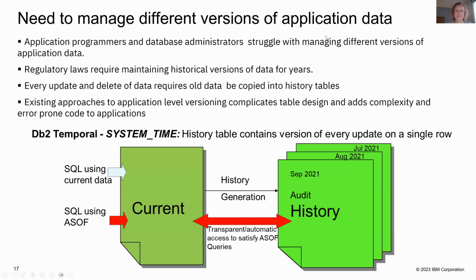Okay, so the next 2 topics, in the interest of time, I really just touch them. Requirements to keep more data in the application for different reasons: application logic reasons, regulatory reasons.